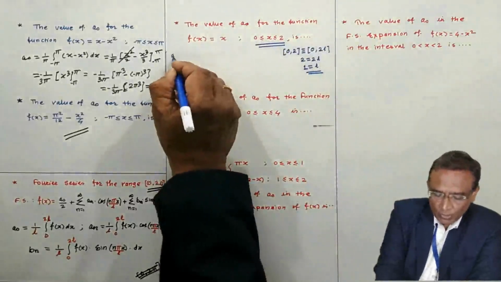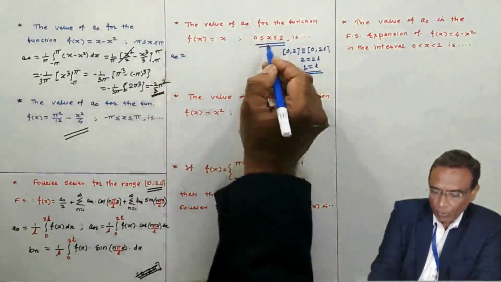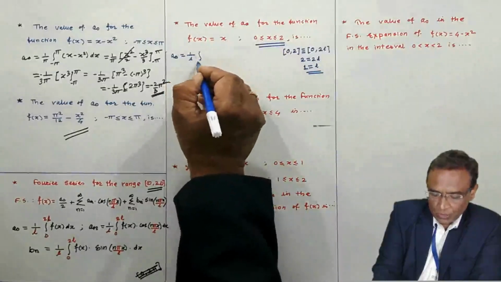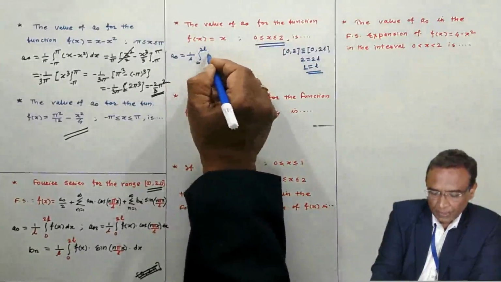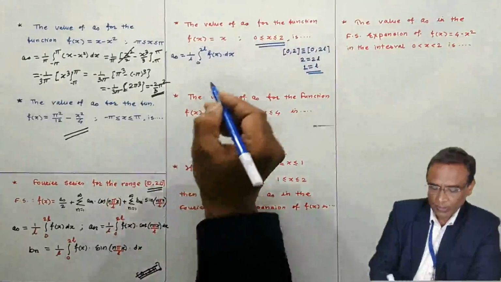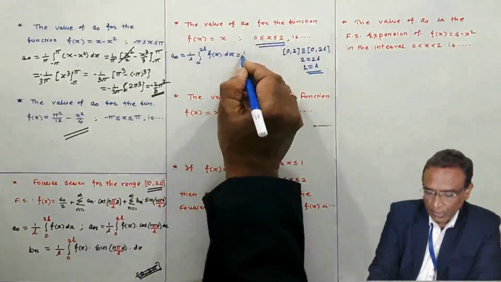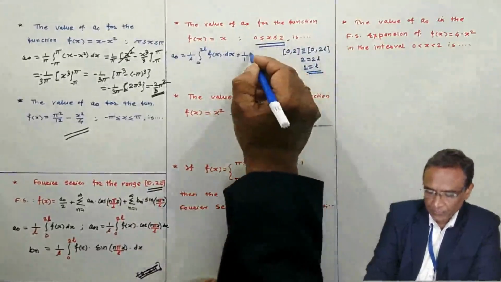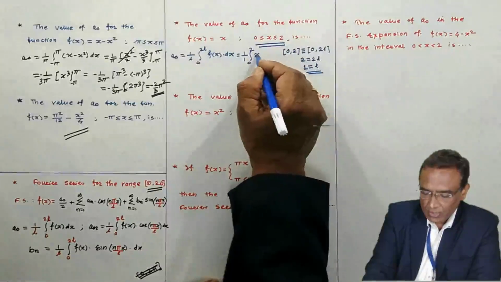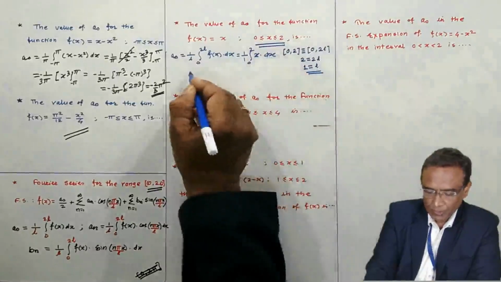The formula for a0 for 0 to 2L is what? 1 by L, 0 to 2L, f(x), we are integrating with respect to x. Now, L is 1 in this case, 0 to 2. f(x) is what? x.